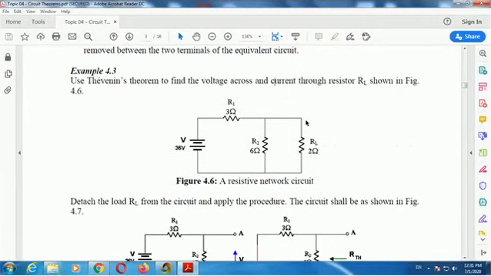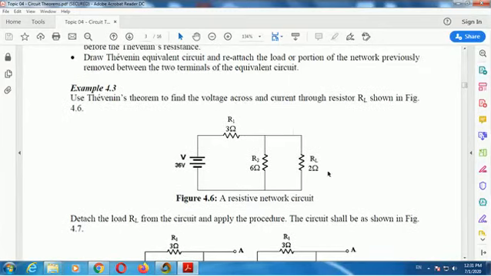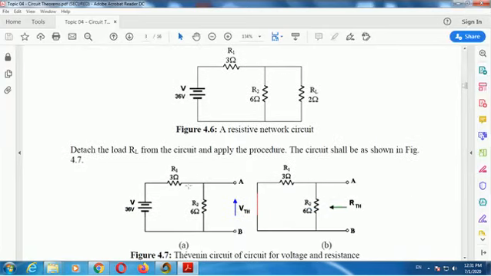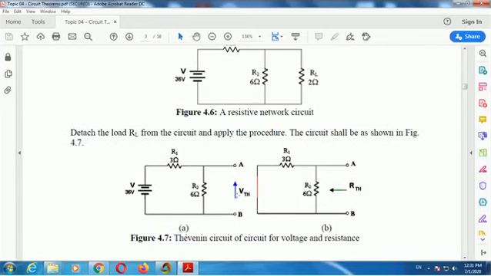We want to find the voltage across RL and the current through RL. We take this one, remove this part, then we form this circuit. From this one, we find VTH.